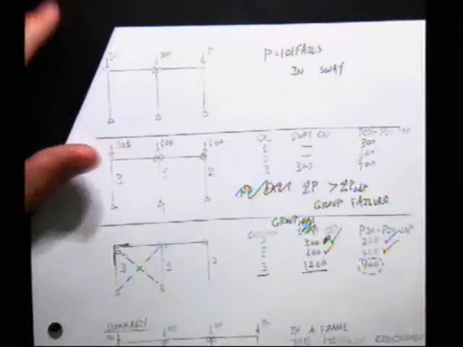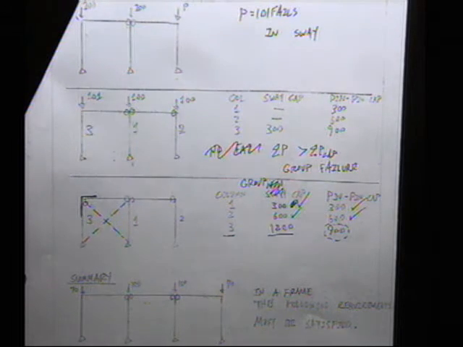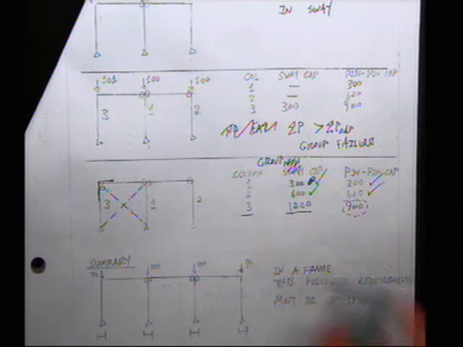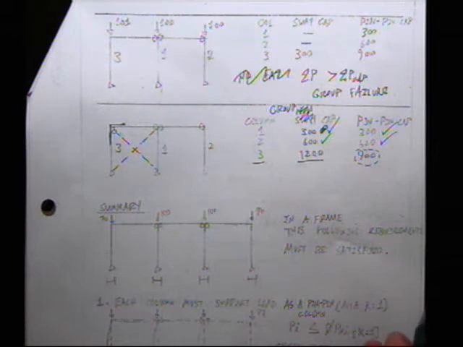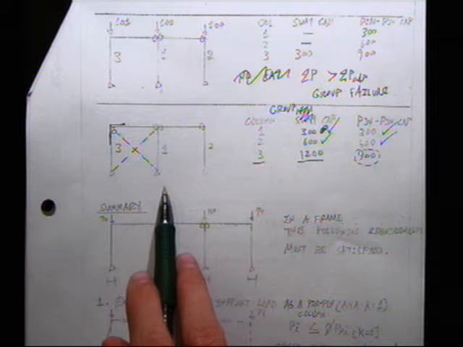So I got a couple more examples in here. Let's see. Change things again where I have 2 leaners now. That's not that interesting. And this is actually possible in sway frames too.